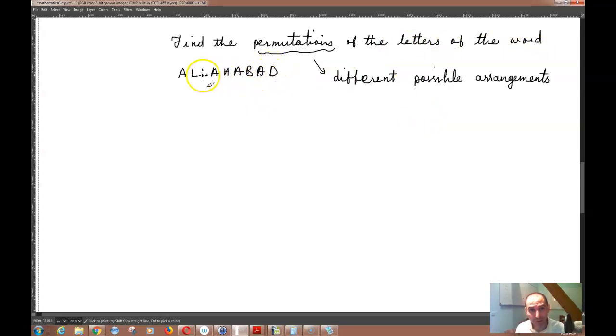So you have 1, 2, 3, 4, 5, 6, 7, 8, 9. Let's suppose that you have 9 different objects. And since you just want to rearrange them and put them back together, you have 9 different objects taken all at a time.